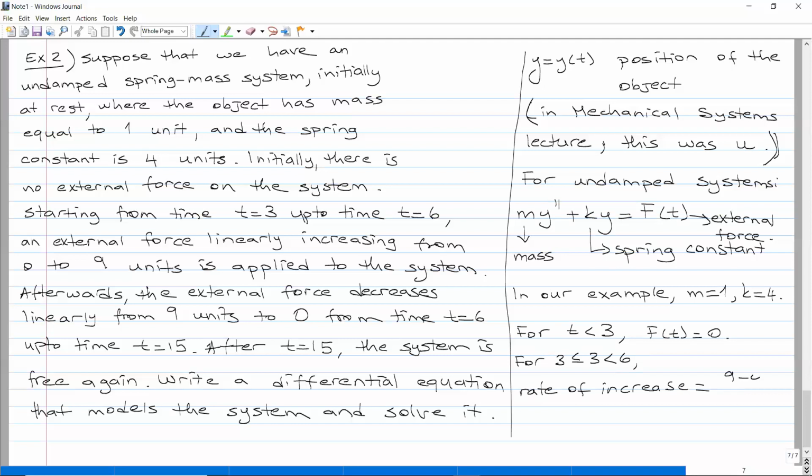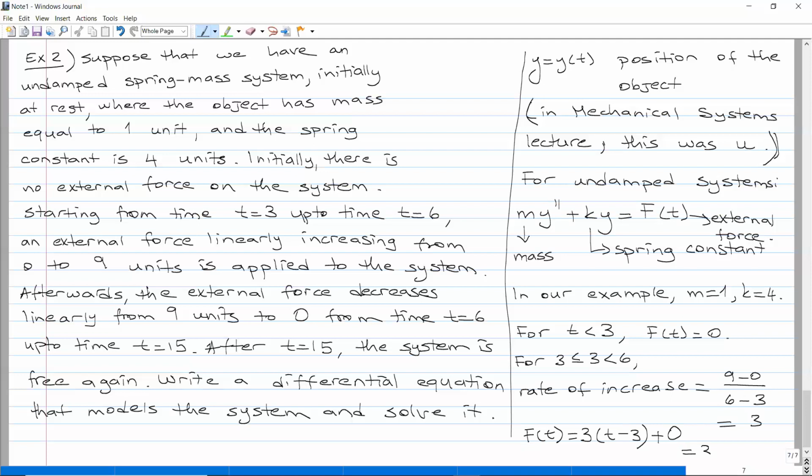So 9 minus 0, divided by 6 minus 3, since it becomes 9 at time t equals 6 and it starts at time 3. So 9 over 3, so the rate of increase is 3. That means the external force is 3 times t minus 3, and at time t equals 3, the force is 0.